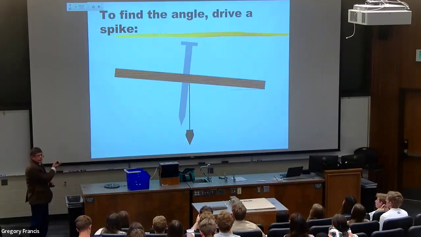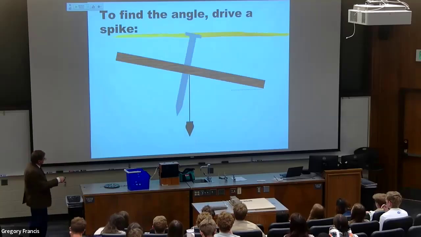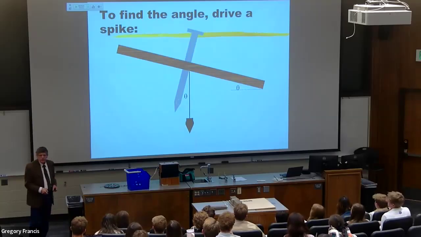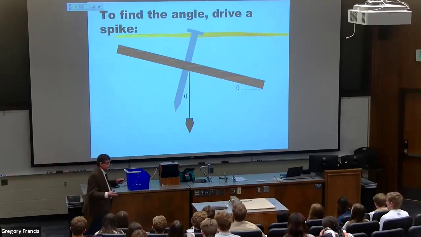But at the same time, I'm bringing the spike away from vertical. And because the spike always has to be perpendicular to the board, whatever angle I bring the board up, I'm going to bring the spike the same angle away from vertical. So these two angles always have to be the same. Does that speak to your soul? Does that make sense? Okay.